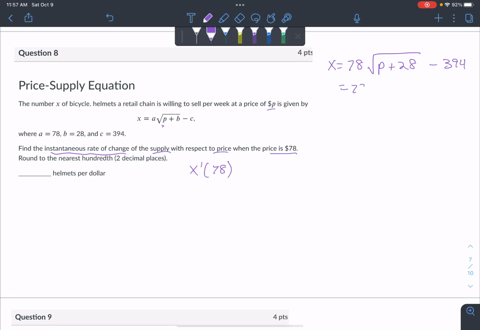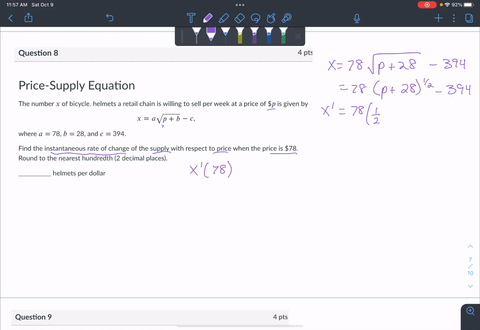I'm gonna rewrite the square root as a power of 1/2. It's just easier to know which derivative rule I will need. So if we take x prime with respect to p, that 78 will just hang out there for a sec. Let's take the derivative of p plus 28 to the 1/2 power.